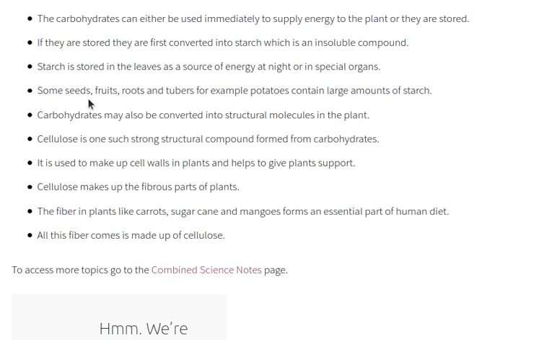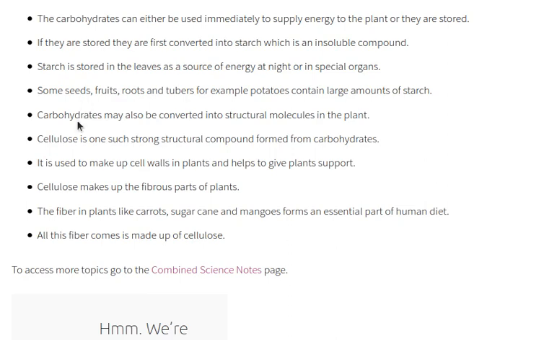Some food is stored in seeds, some in fruits, some in roots, some in tubers, right? For example, potatoes contain large amounts of starch. For tubers, you see probably sugarcane. In the fruits, like in apples, in mango trees and so on, right?